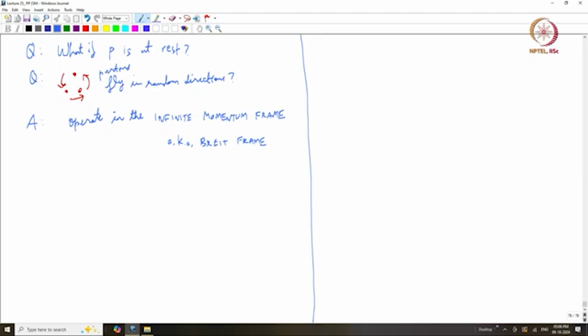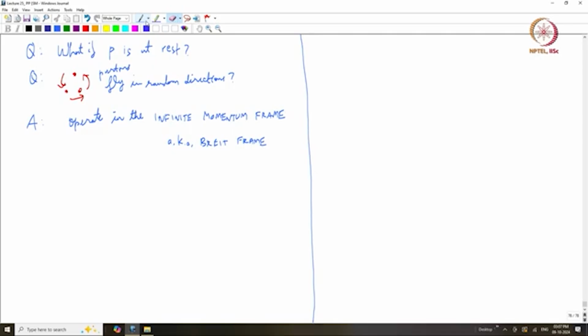So, basically, the V of the frame that you are going to sit in is very close to C, but not really, it is actually not even that, it is infinite momentum basically. Okay. So, it might be a bit crazy, but then we can always do some calculation there and come back to this frame, our laboratory frame. After all, the laws of physics have to be the same in all inertial frames.